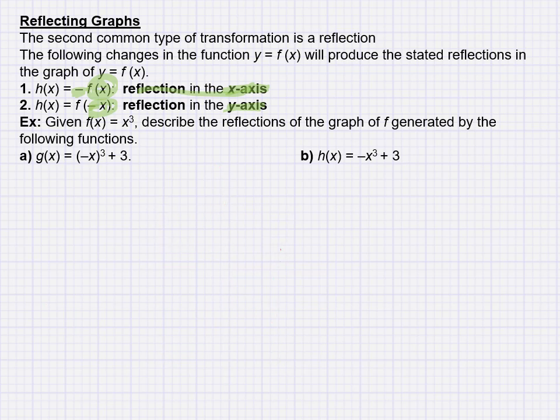So if you take the entire graph and do that, then you have to make sure that every point reflects in the appropriate manner. But it's all about whether that negative is inside the function, in this case that one is inside the cubed, or outside the cube, or outside the function, as it is in here.